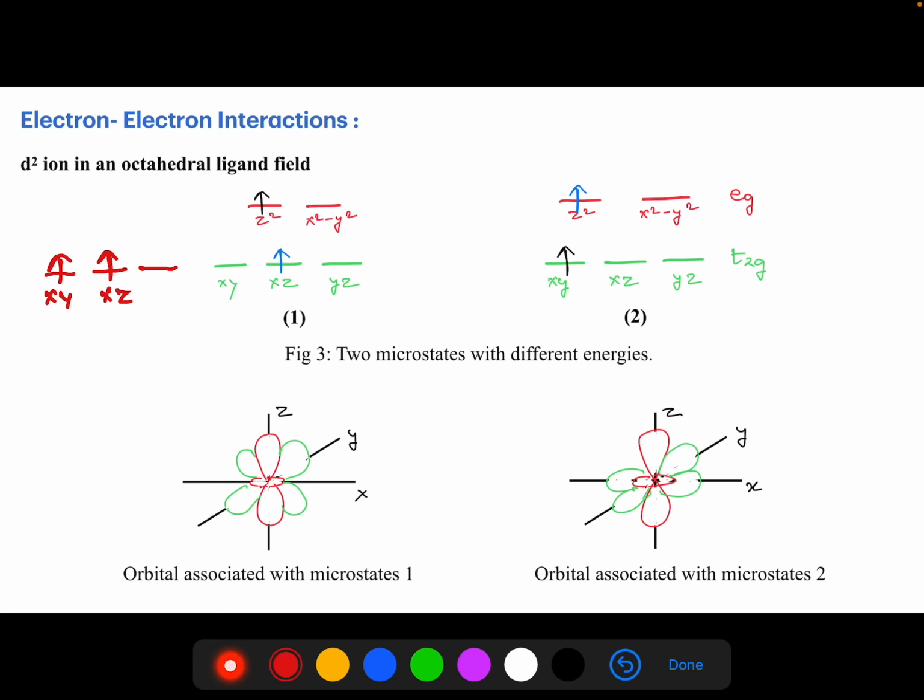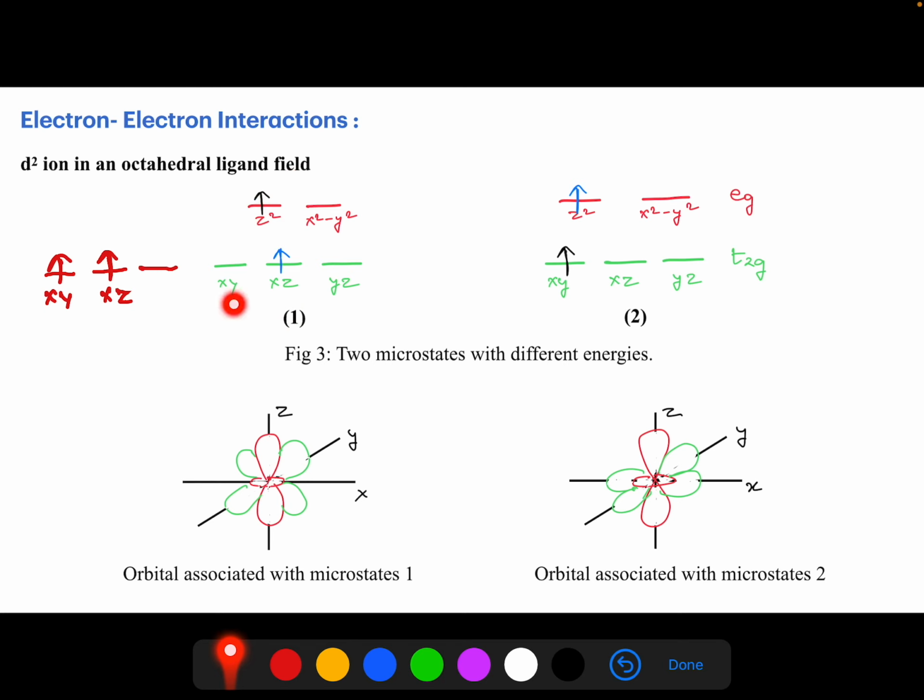So there are a number of microstates possible in the ground state itself, but let's just discuss one excited state example. If I say that in the ground state my two electrons were in xy and xz, then in the excited state the transition from t2g to eg can happen in two different ways.